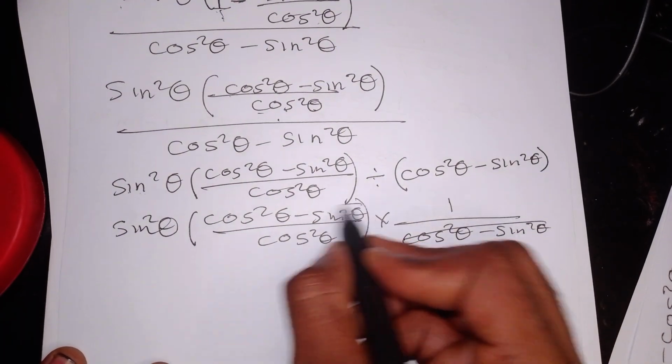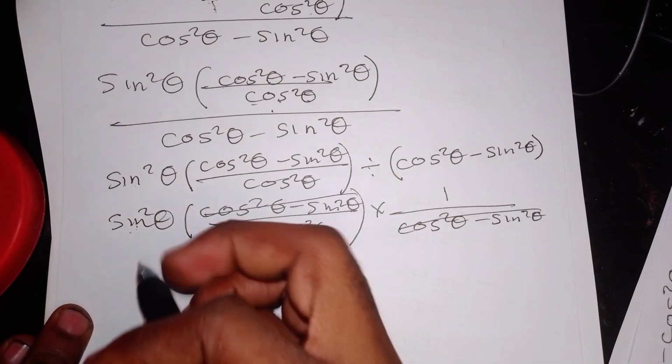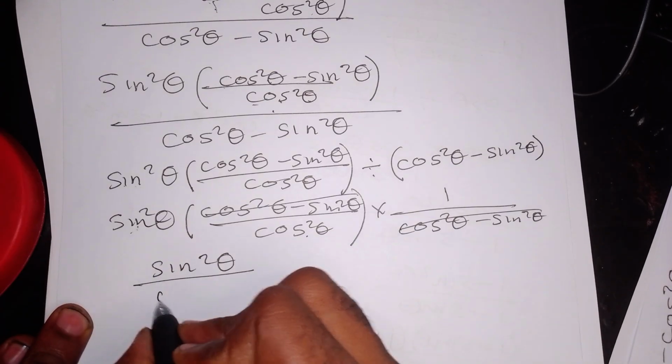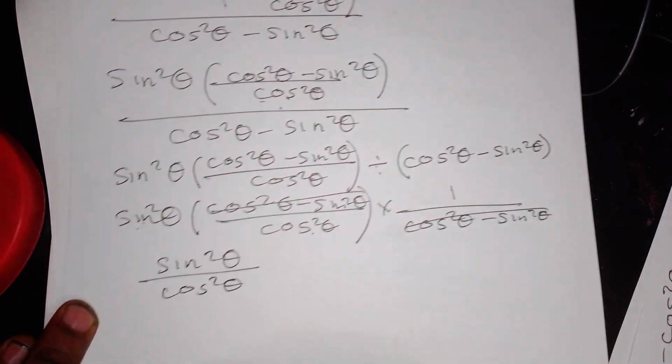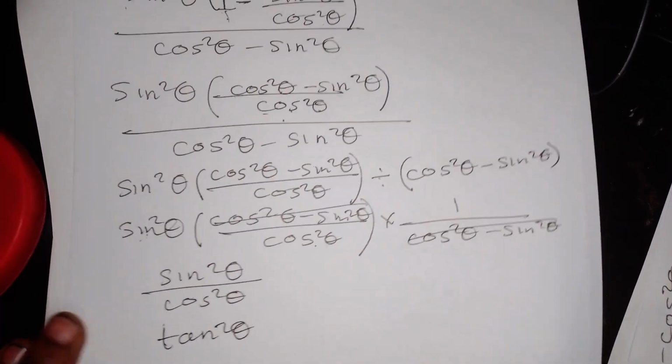So this one and that one will cancel out, and as you can see, I have my sine in the numerator and a cosine in the denominator, and this is tan squared theta as required. So this was a bit tricky.